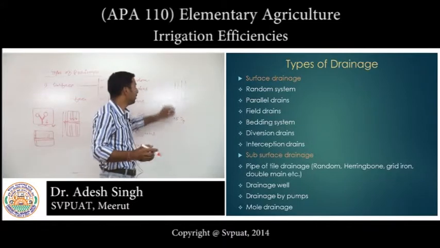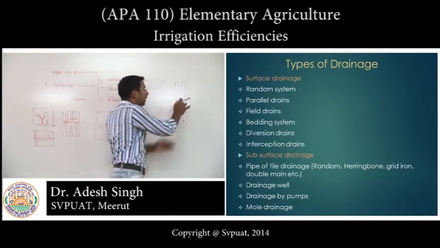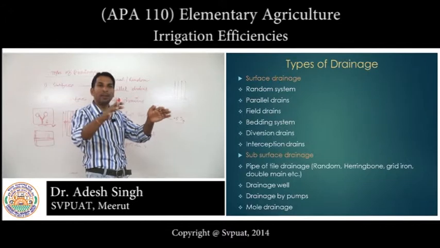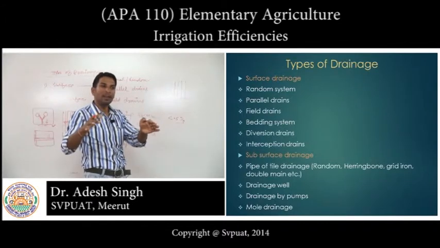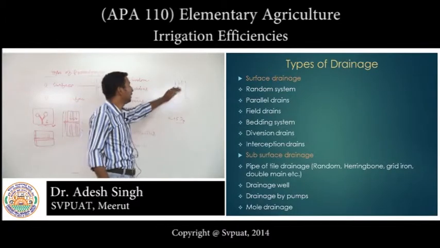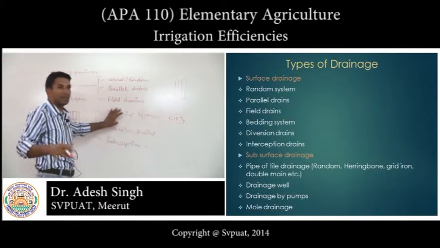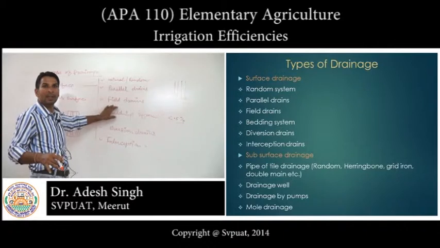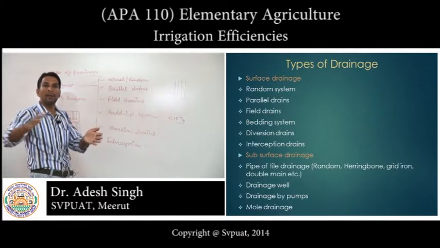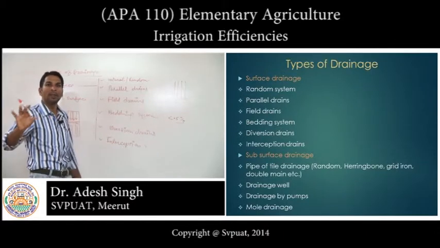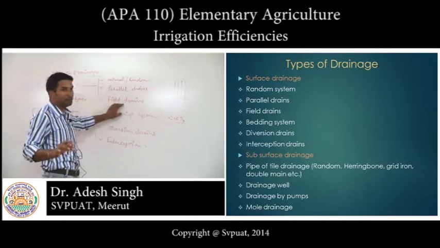This is known as a dead furrow, and simply the slope is given to the field, and there is no construction of any trenches which can be an obstacle for the normal functioning or normal processes of field cultivation.